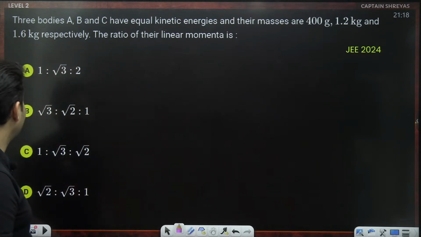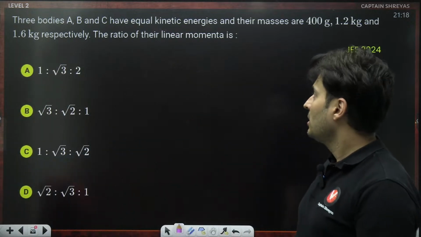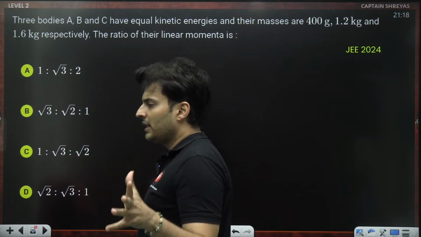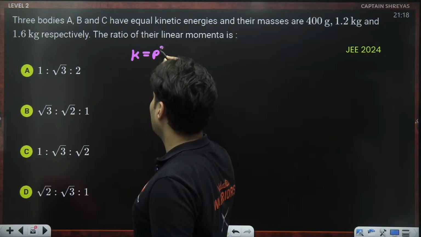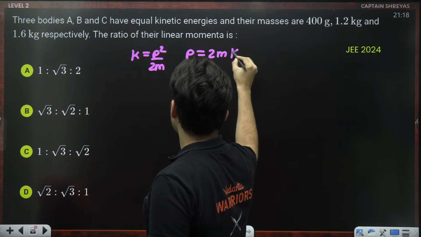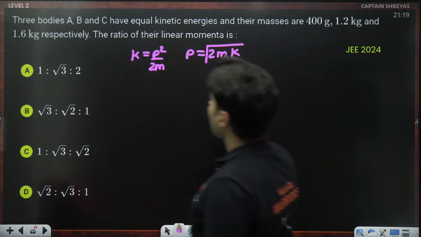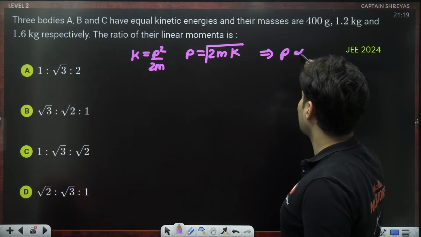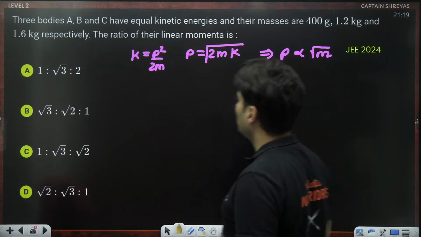Okay, that's the reason. 3 bodies have equal kinetic energies. Question is, what is the ratio of the momentum? Is kinetic energy related to momentum? Because I think so, there is. Kinetic energy is momentum square by 2m. So momentum is root of 2 times m times K. Kinetic energy is the same, which means momentum is directly proportional to the root of the mass.